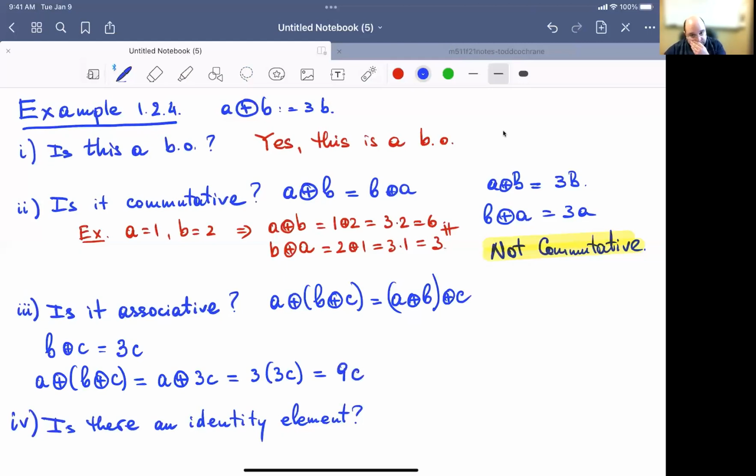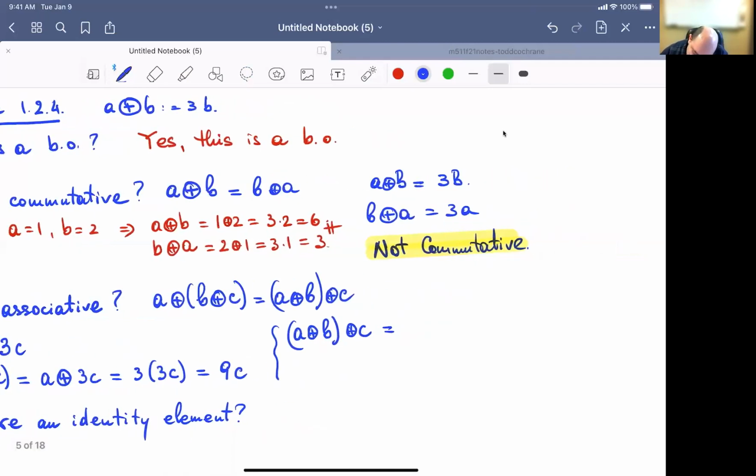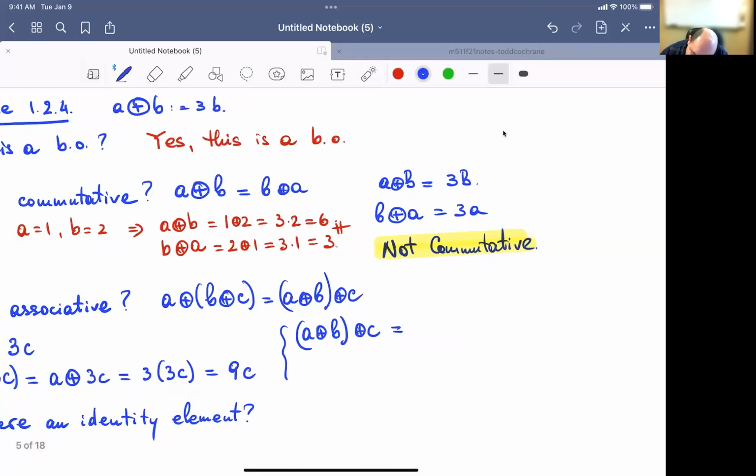So that would be the result of doing this. On the other hand, if I do a circle b, then circle c, a circle b itself is 3b.